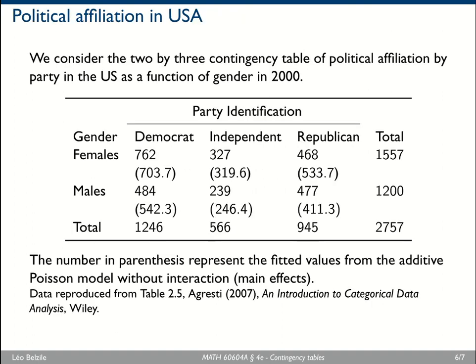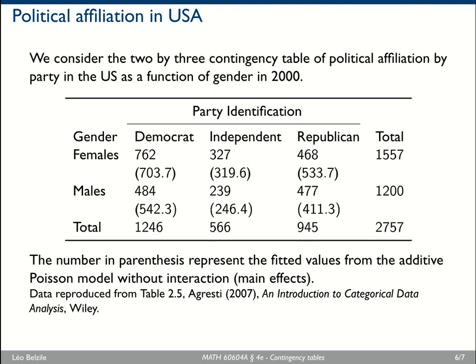So let's consider an example of a contingency table. I'm showing you, so this has 2 categorical variables with 2 and 3 levels. So there's 6 entries, and then you can look up the row totals and the column totals and the overall number of people that were asked what their political affiliation was in 2000.